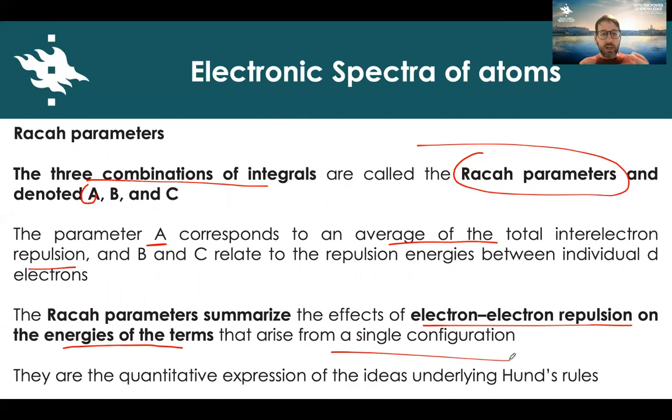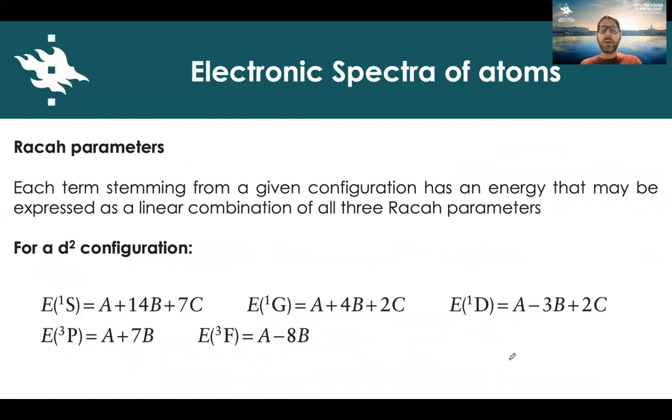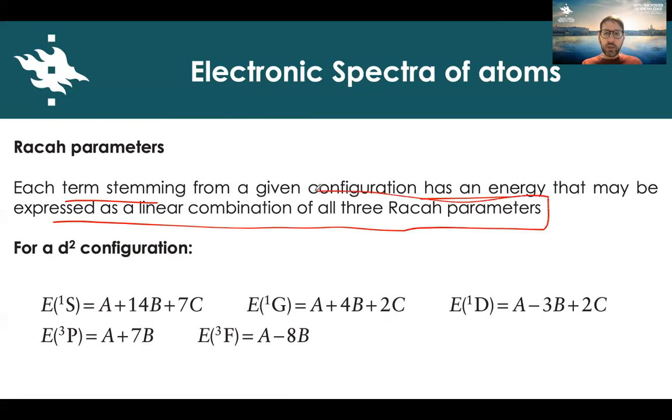They are a quantitative expression of the ideas behind Hund's rules that we described briefly. When we have the terms for a specific configuration, each term will have an energy that might be expressed as a linear combination of the three Racah parameters.